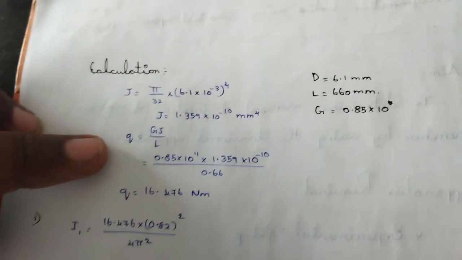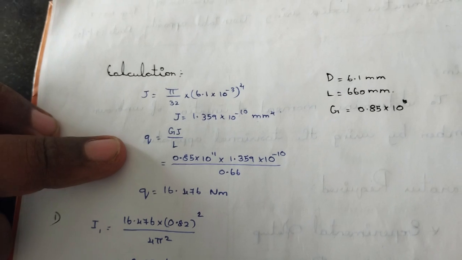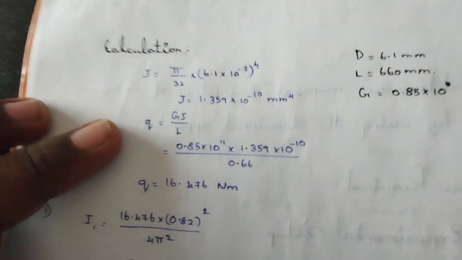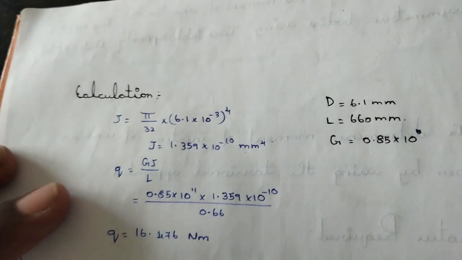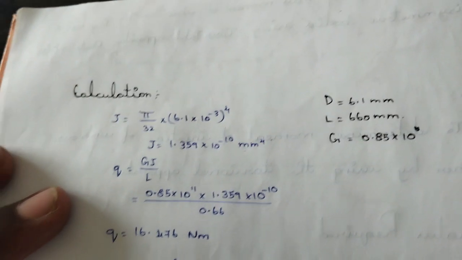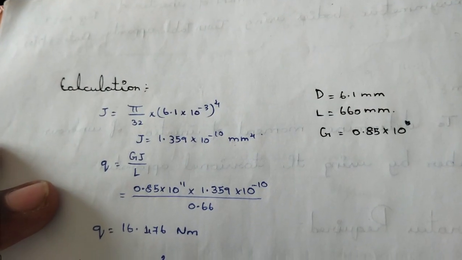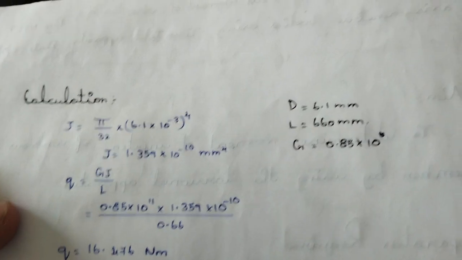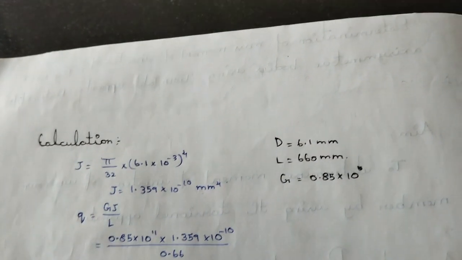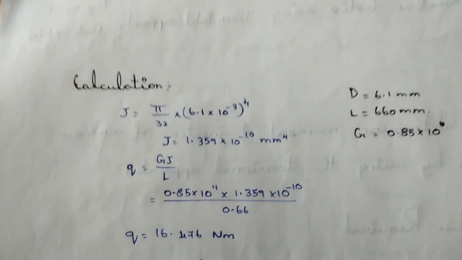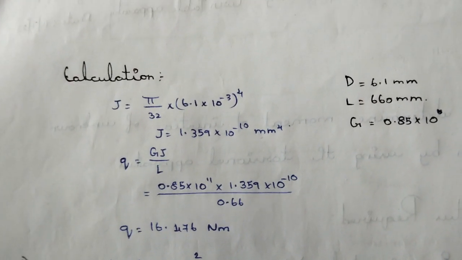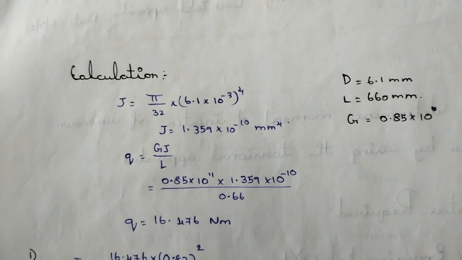Q is equal to G J divided by L. G means modulus of rigidity, J is polar moment of inertia, and L is length of the polished rod. Modulus of rigidity G is equal to 0.85 into 10 power 11, and J is equal to 1.359 into 10 power minus 10 m power 4.